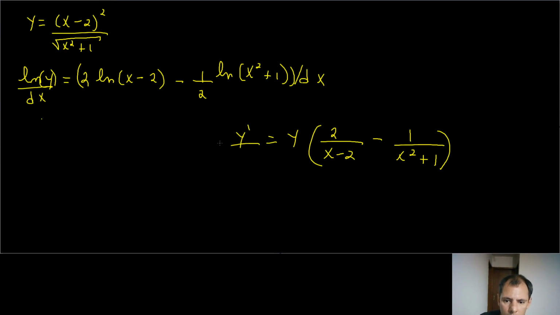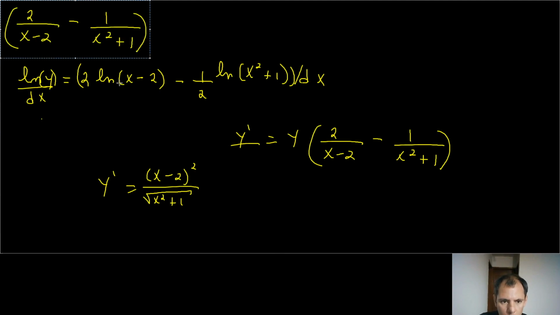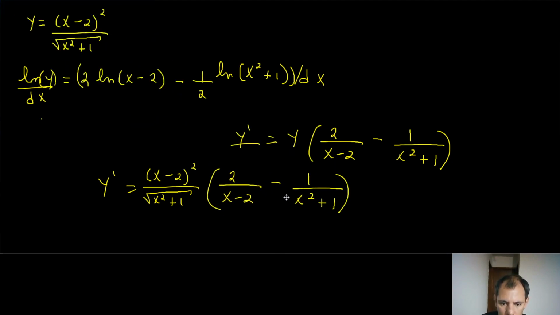Well, it's this. So y prime, which is actually dy dx, that's what you want, equals this thing, because it's this y here, okay, times that stuff. There. And there you go.